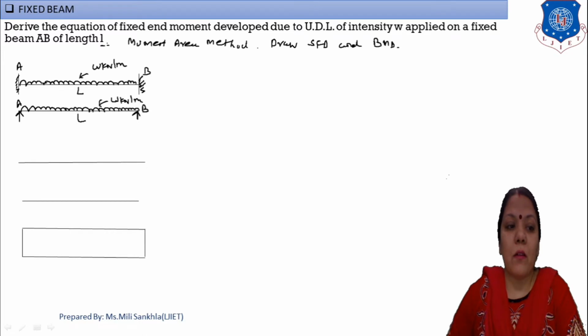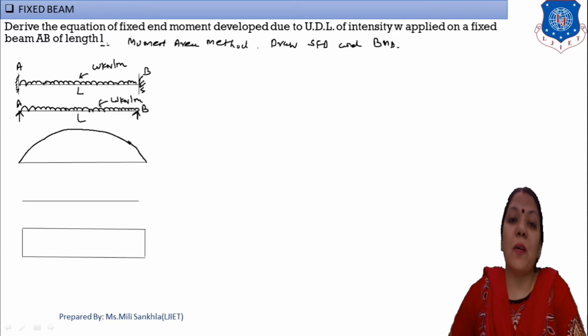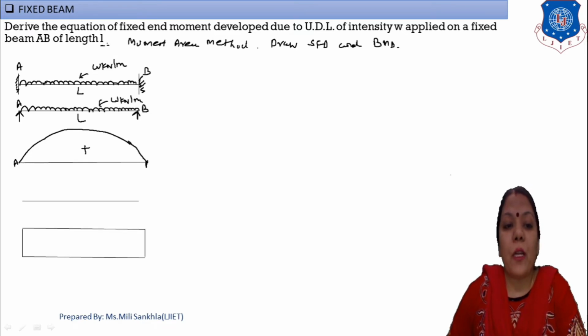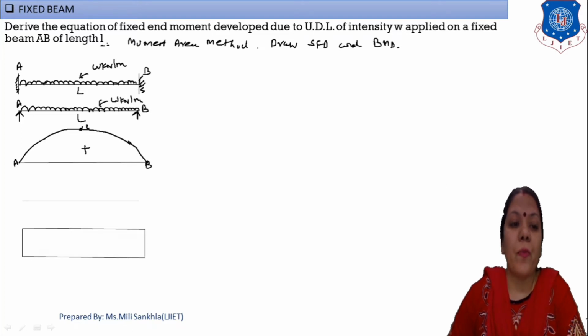Now second, draw the BM diagram for this simply supported beam. As we studied earlier, the BM diagram for a simply supported beam subjected to UDL is an outward parabola, and this diagram is positive. The bending moment diagram of a simply supported beam is always positive, as it is subjected to sagging moment. The center point moment is equal to WL square by 8.